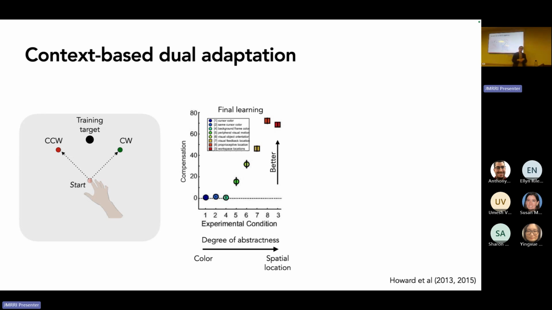So if your contexts are like cursor color or background color, they cause basically complete catastrophic interference. Clockwise perturbation will overwrite counterclockwise perturbation if they're just linked to red and green. Okay. But if you get into things like workspace locations or proprioceptive-based locations, then you can start to get separation between something that's running clockwise versus counterclockwise.